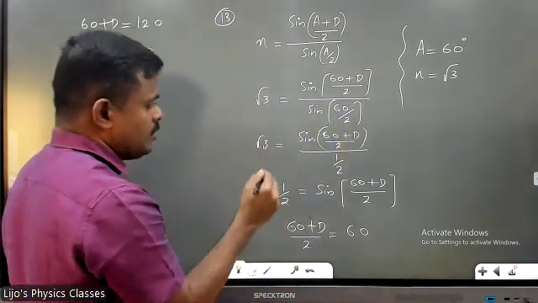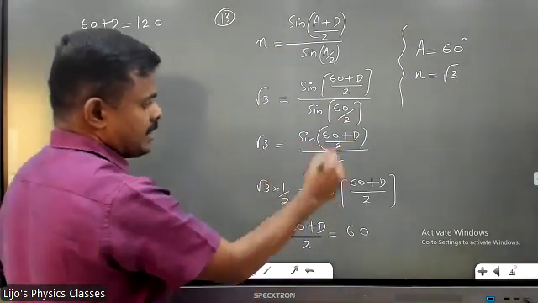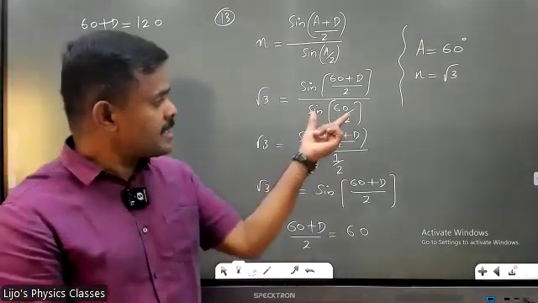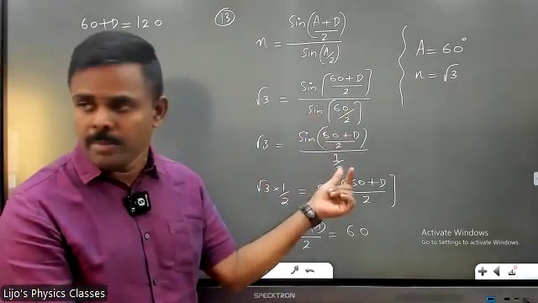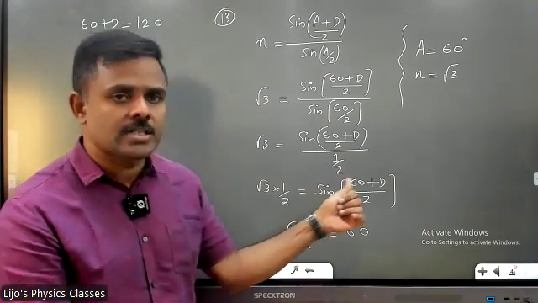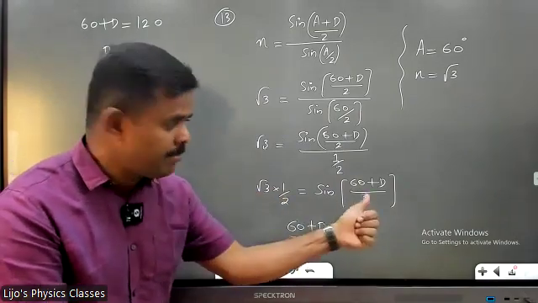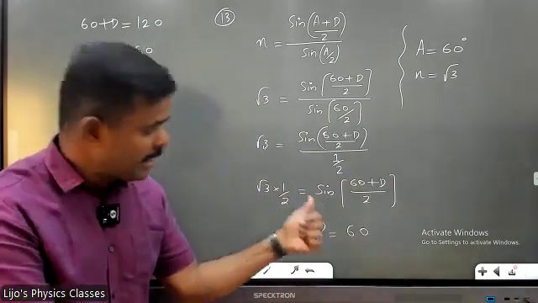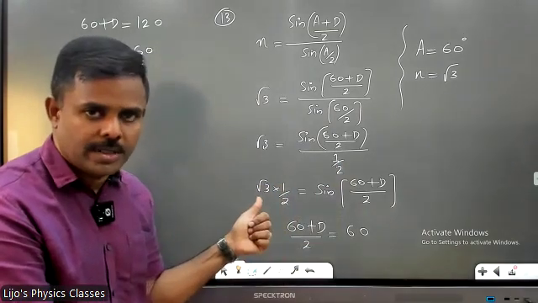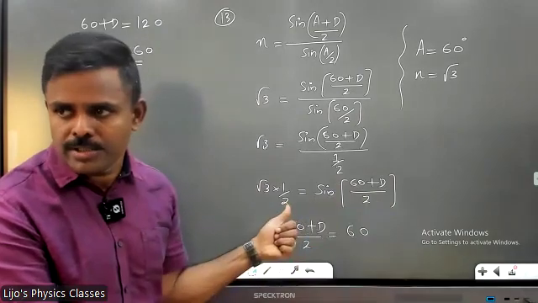Root 3 is equal to sine of (60 plus D)/2 by sine 30. Sine 30 is 1 by 2. Cross multiply: root 3 into 1 by 2 is sine of (60 plus D)/2. This is root 3 by 2. Sine of something is equal to root 3 by 2. That something should be what? 60, no? Sine 60 is root 3 by 2.